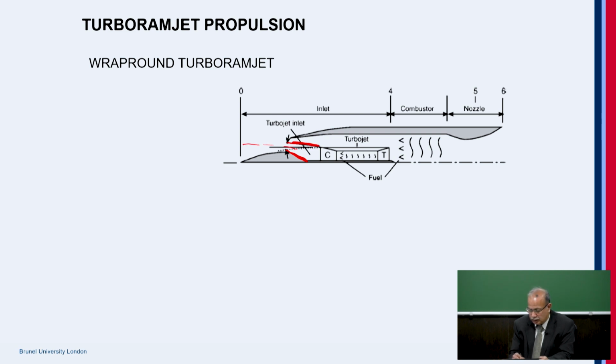The flow enters in and passes through the inlet, pressurized in the inlet, then it is pressurized in the compressor, then you have the combustion taking place. The burn gases expand in the turbine, produce the work, and that work is used to drive the compressor. Rest of the gases expand. Here in this case it's an afterburner, and then expansion takes place in the nozzle.